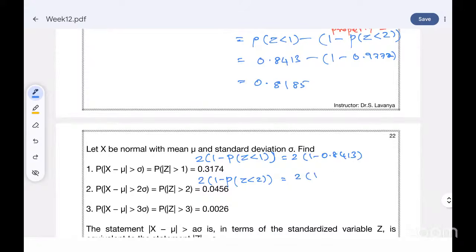So 2 into 1 minus 0.9772, you get 0.0456. Are we getting that?